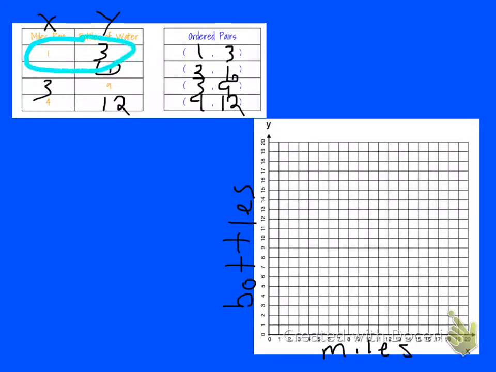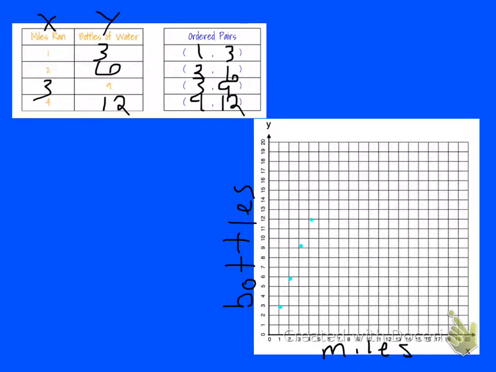My first one is 1, 3, so I'm going to go over 1 and up 3 to draw my point. The next one is 2, 6, over 2, up 6. The next one is 3, 9, over 3 and up 9. The next one is 4, 12, over 4, up 12.